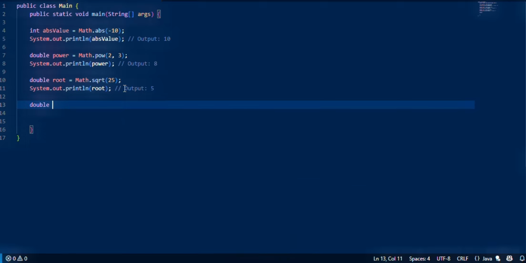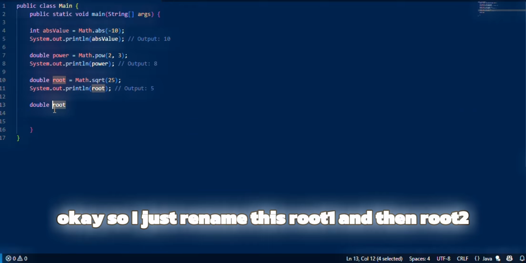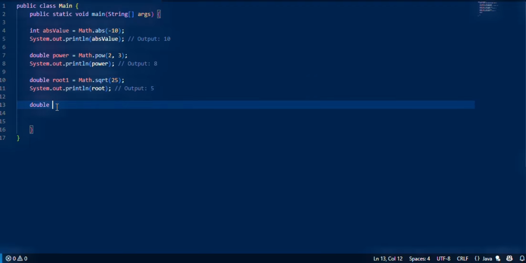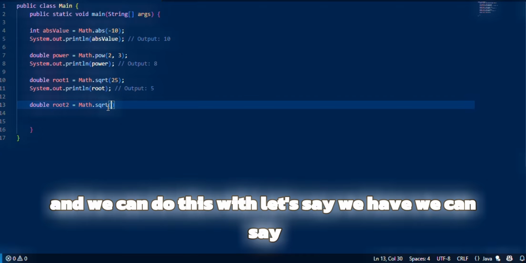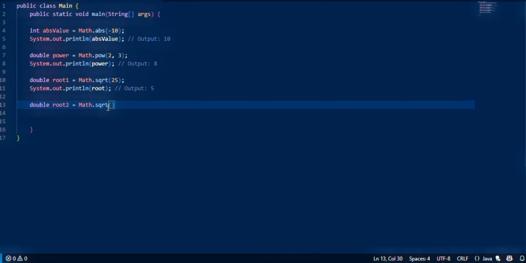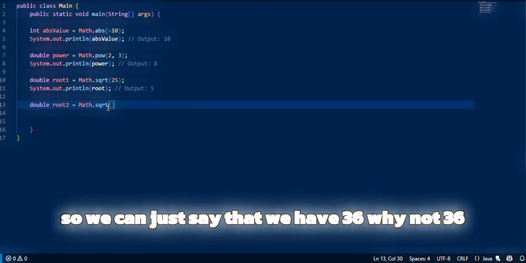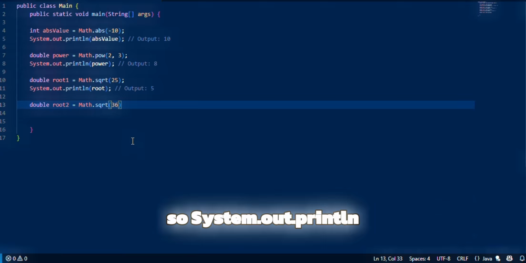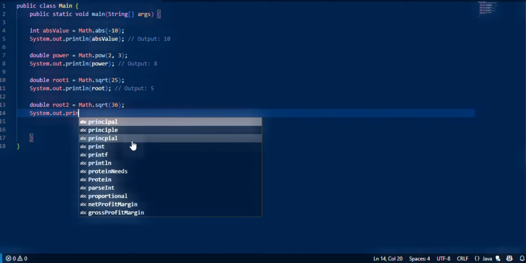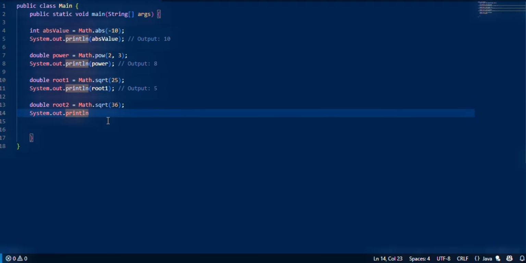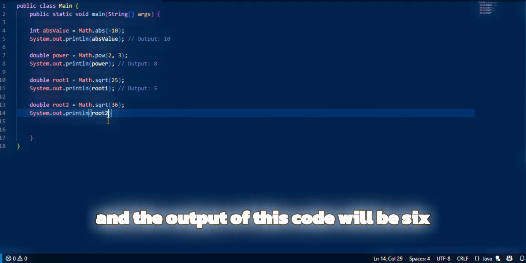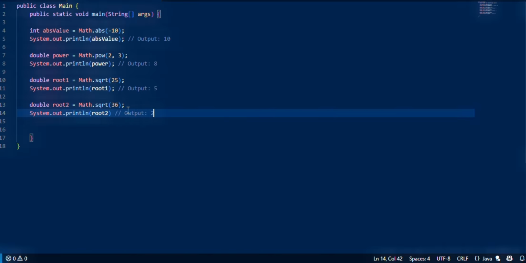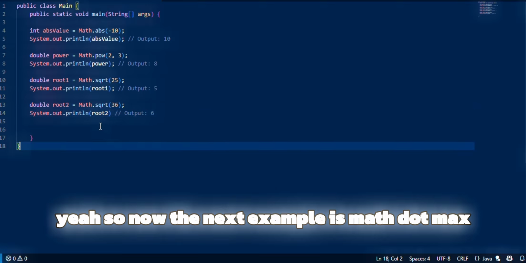We cannot have the same variable name, so I rename this root1, and then root2 equals Math.sqrt of any number, let's say 36. Then System.out.println(root1) and System.out.println(root2), and the output of this code will be 5 and 6.